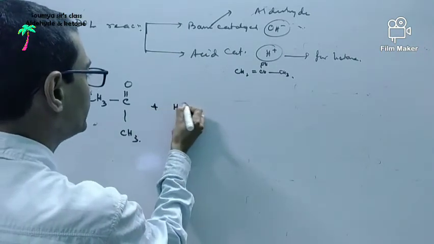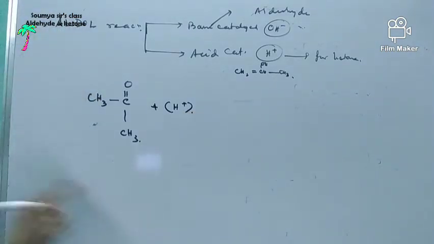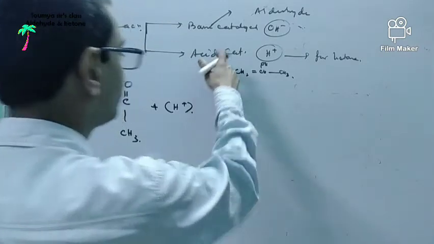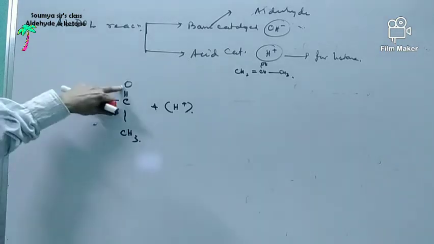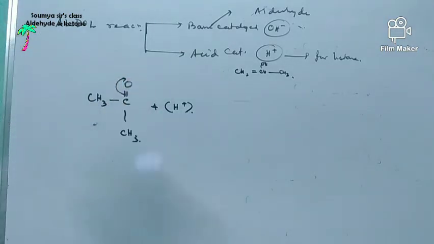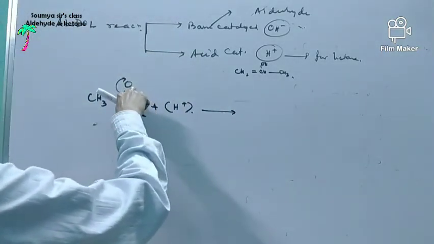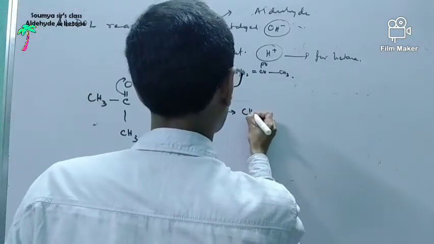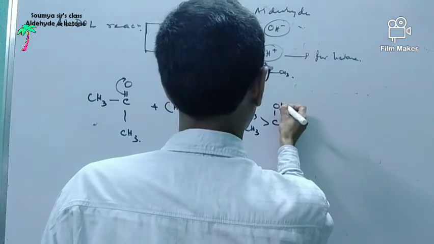In the medium there is H plus. As I already told, this is acid catalyzed. Now this H plus in the medium will act over this oxygen as this double bond becomes single bond, and due to resonance, this H plus can attack the O and forms CH3, CH3, C and OH.